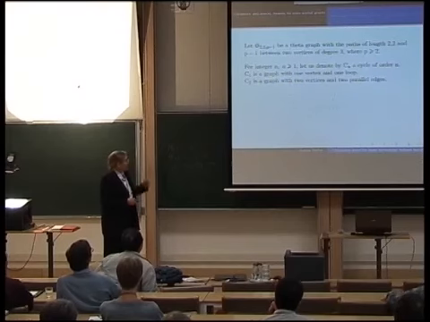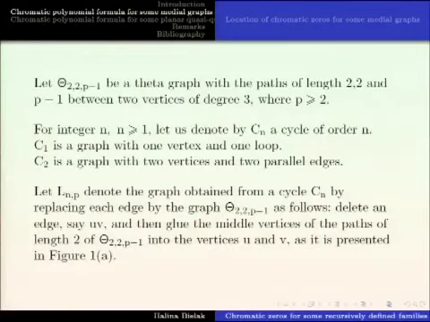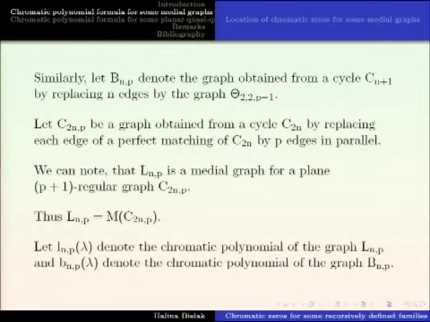Namely, we can build a cycle of order 2n. If you consider the graph L sub n,p, we take the graph of the cycle of order 2n, and we replace each edge belonging to a perfect matching in this cycle by p edges in parallel.